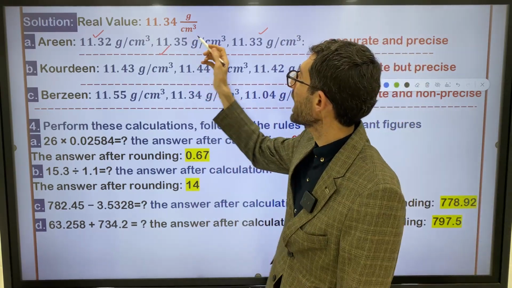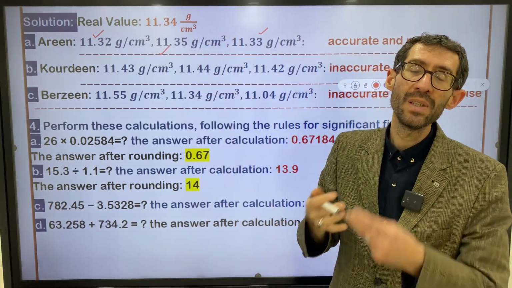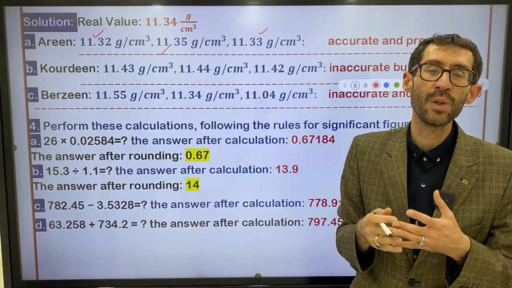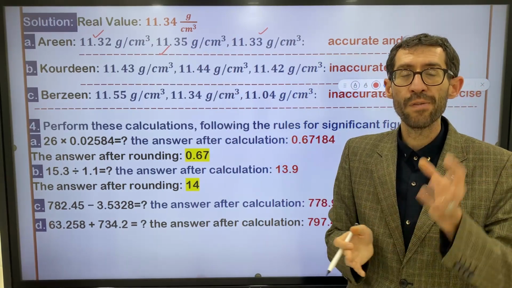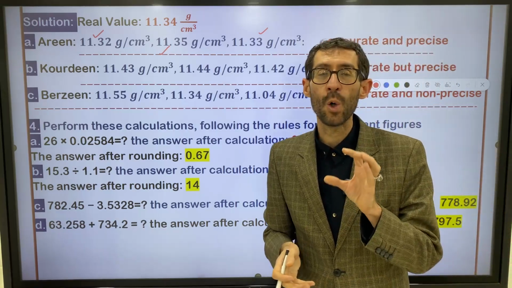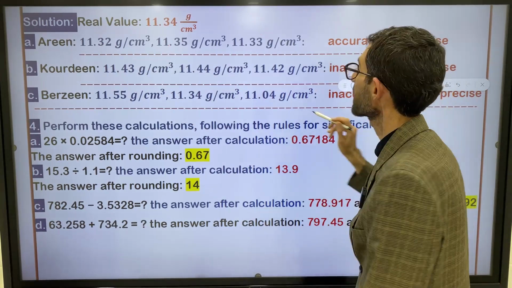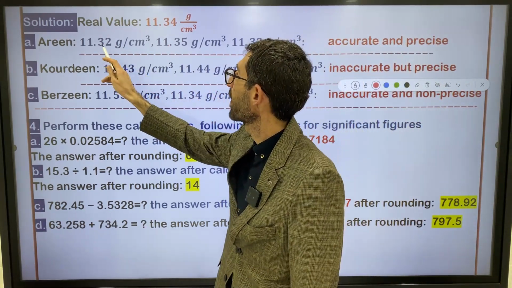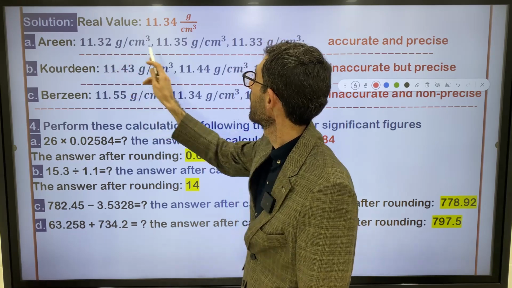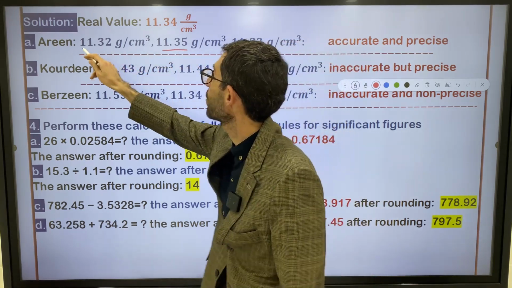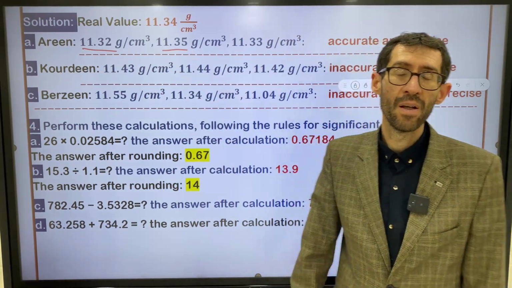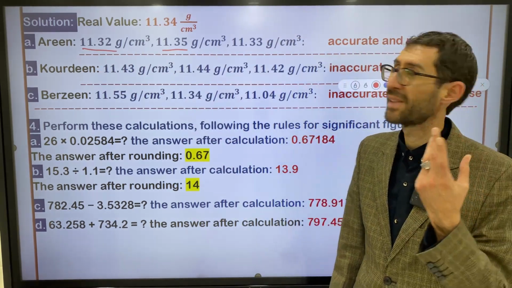So ignore the true value. Don't care about the true value in precision. In precision, focus on the readings only. 11.32 compared to 11.35. The difference is only 3 decimal places.